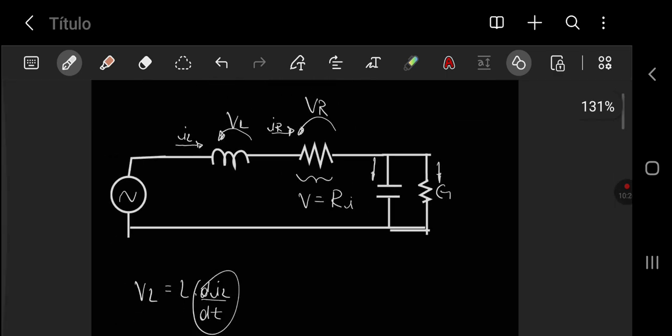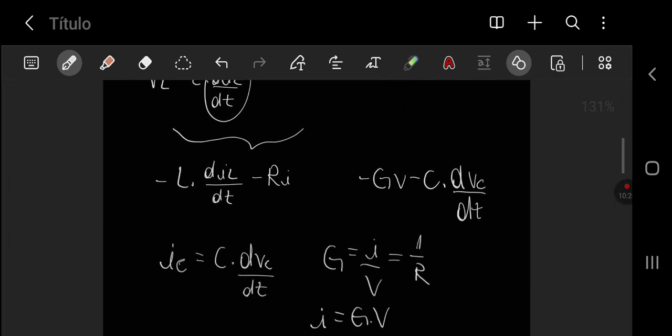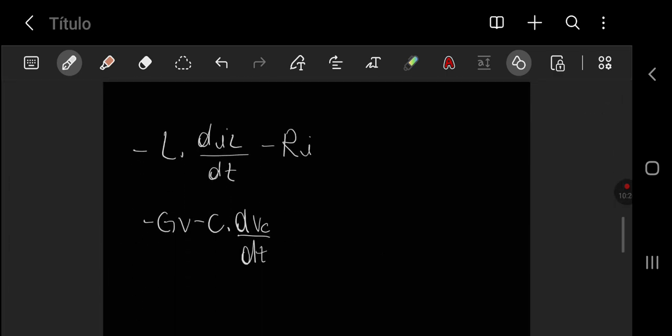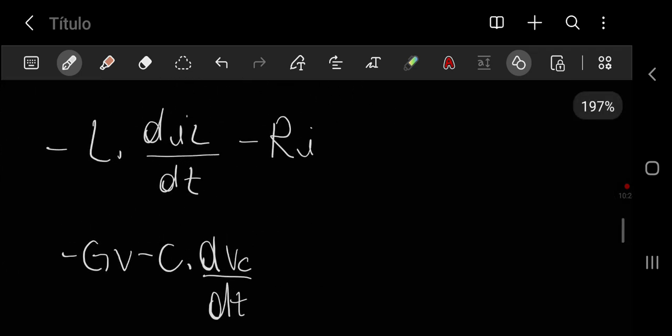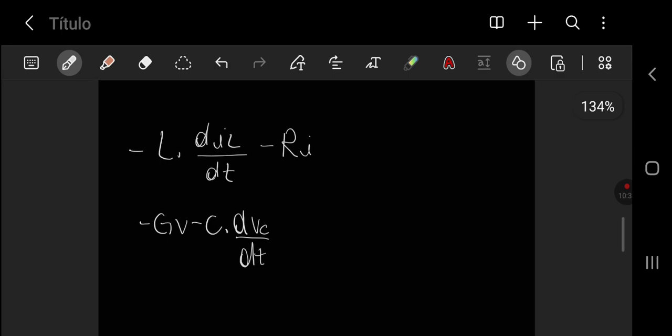Seeing the generator as reference, the values are always going to be negative, and taking Kirchhoff's law, the sum of the currents equals zero.